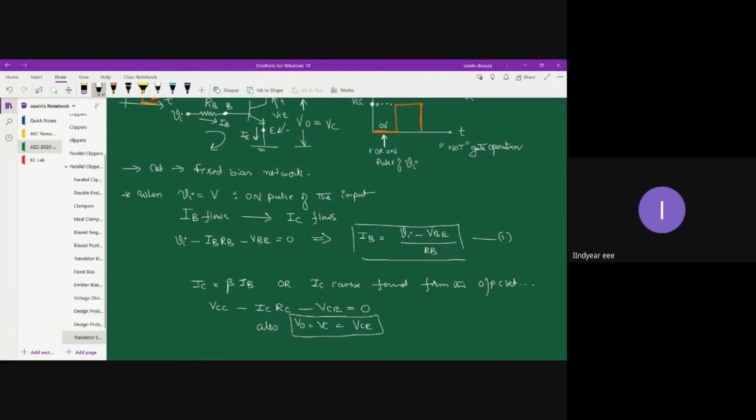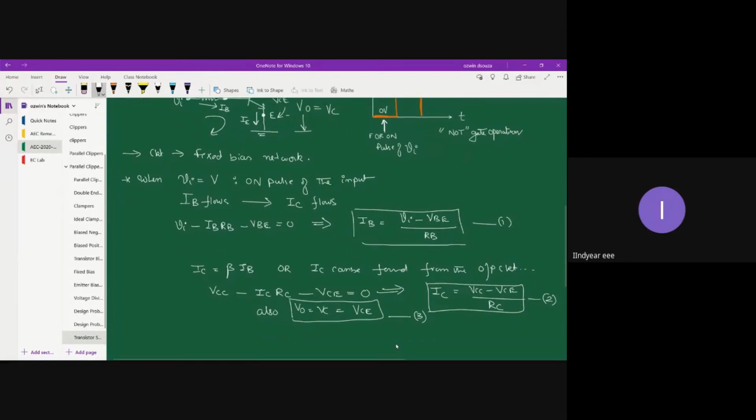Now, between collector and ground terminal, you are going to trace out the collector to emitter voltage, because emitter is already held at ground potential. So output voltage is nothing but VCE. Say this is your equation 2. Further, you can modify this equation to get the value of IC. So IC is VCC minus VCE divided by RC. Let me take this as equation 3, where VCE is nothing but the output voltage.